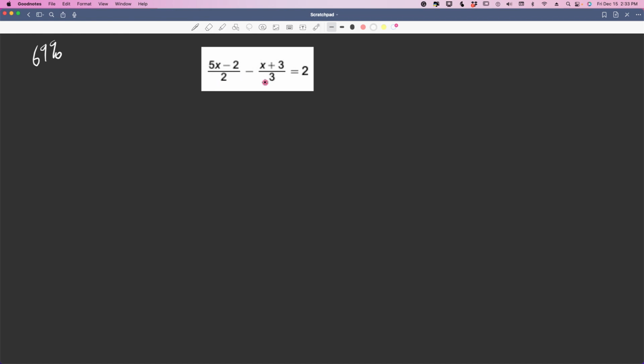So we're going to find a common denominator here of 6, and because it's an equation, we can eliminate it once we find it. So we're going to multiply this by 3. So 3 times 5x minus 2 over 6 minus 2 times x plus 3 over 6 is equal to 12 over 6.